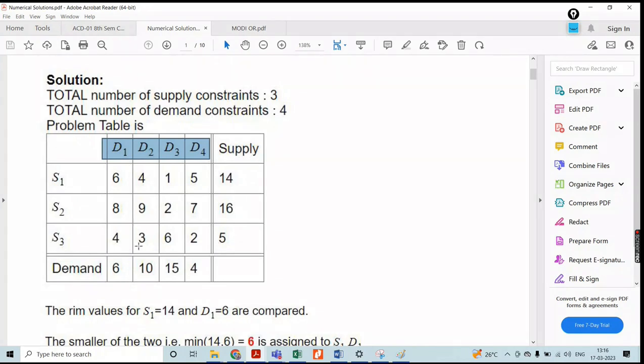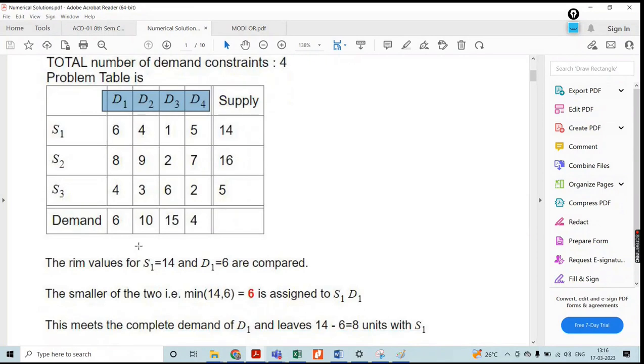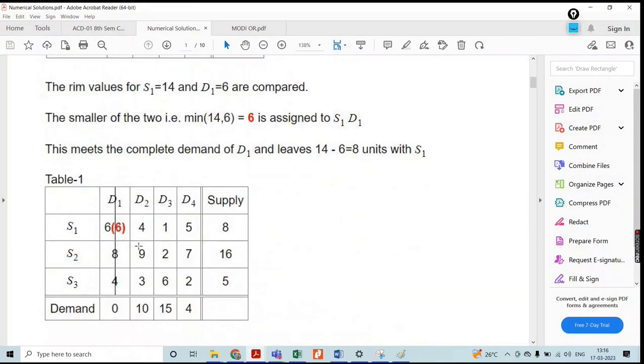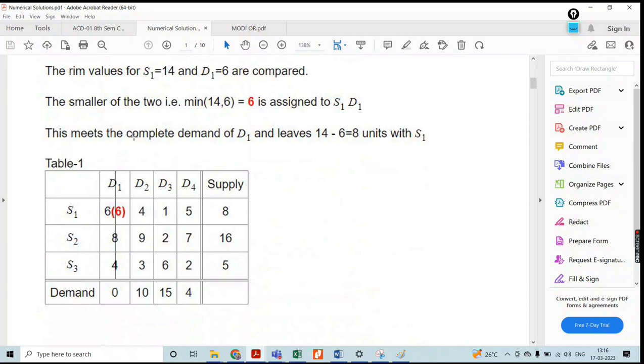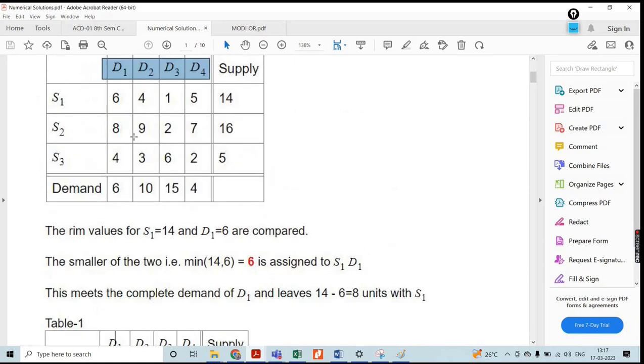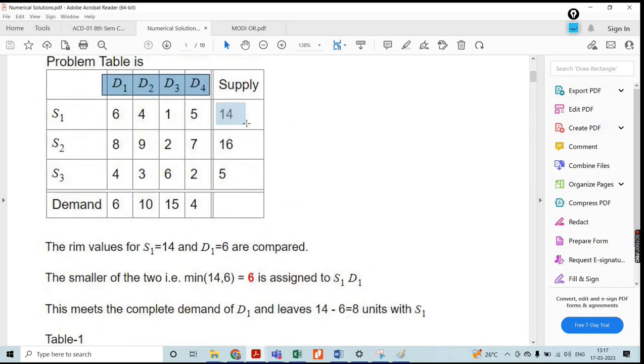Okay, once you did this, then you have to apply the northwest corner method. In this method, first you go for the individual values represented with respect to the supply and demand. Supply is 14, then demand is 6.